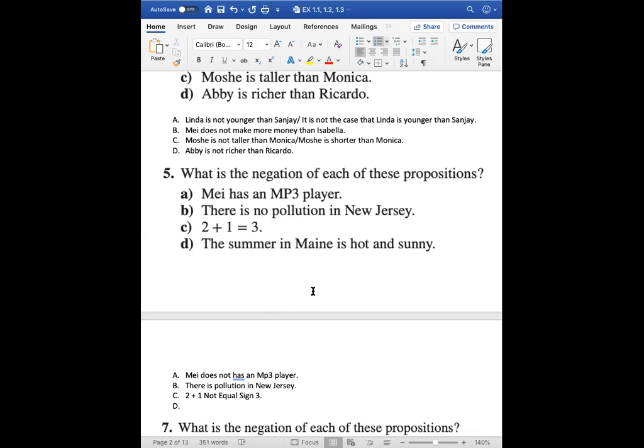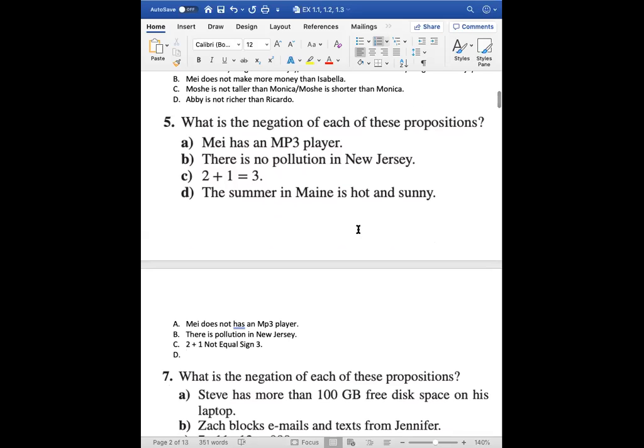And then we have: the summer in Maine is hot and sunny. So the summer in Maine is not hot. And also you have to be careful here. We are using the word and. Whenever we have words like and or or, we also have to negate those.